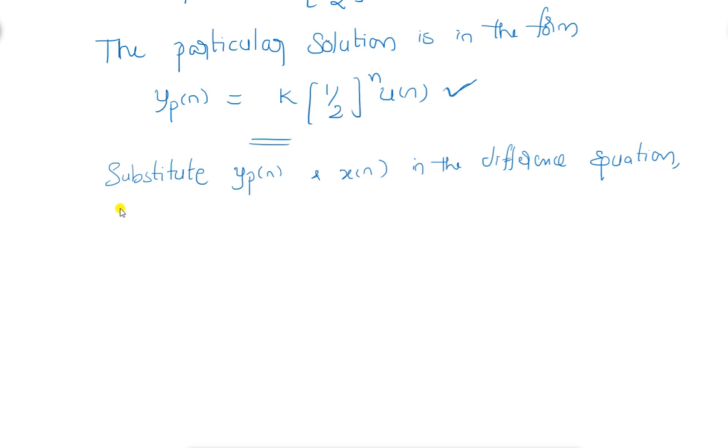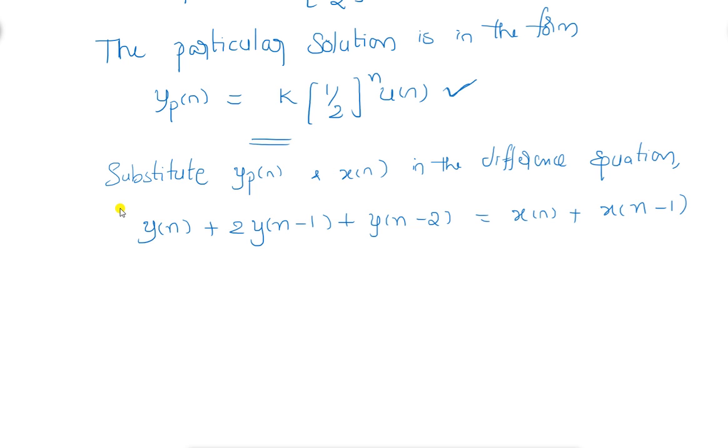What is our equation? The difference equation, once again I'm writing here: y of n plus 2 into y of n minus 1 plus y of n minus 2, which is equal to x of n plus x of n minus 1. Now substitute the y particular solution.